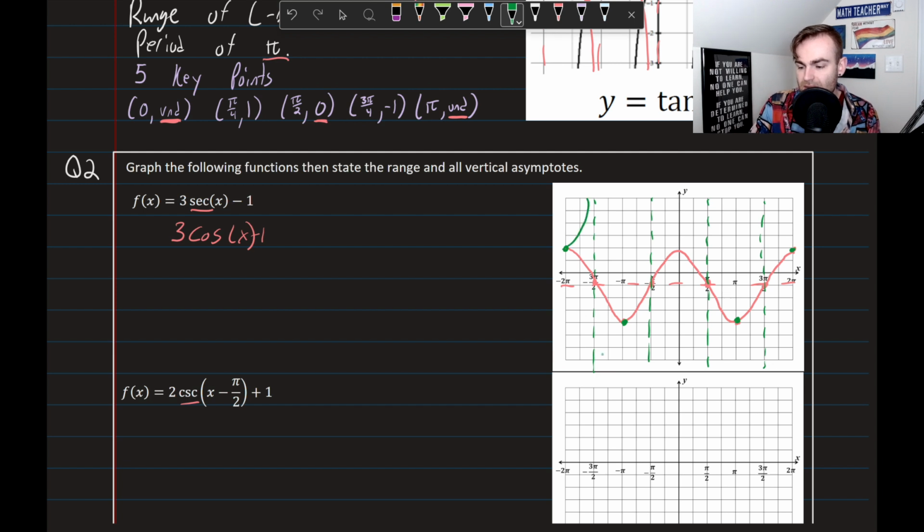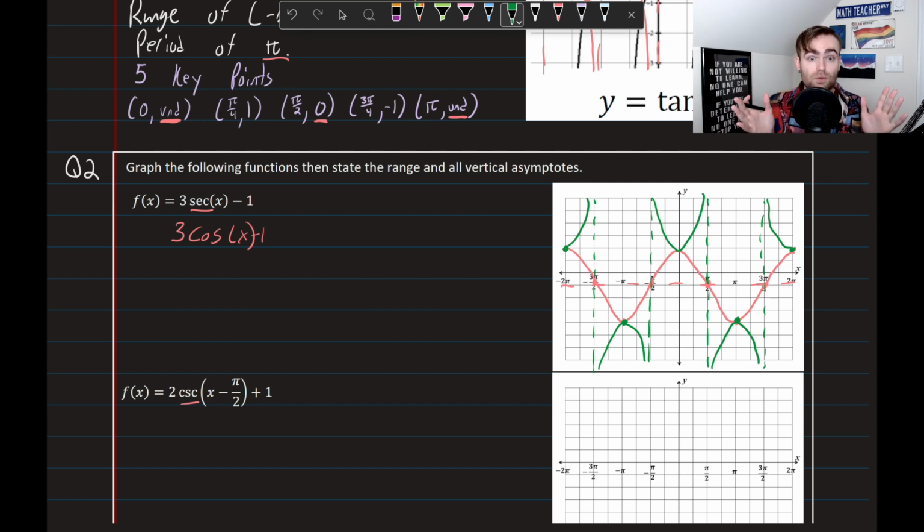So we end up getting what's here in green. So you can always use the graph of the reciprocal to help you graph the reciprocal. That makes sense. And that's a key strategy I've recommended for secant and cosecant.